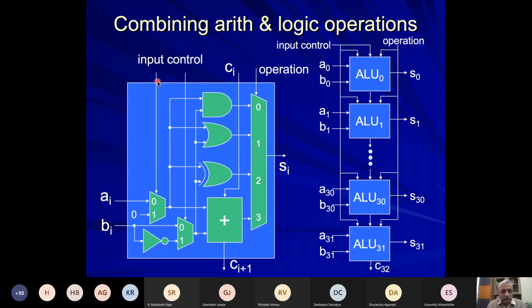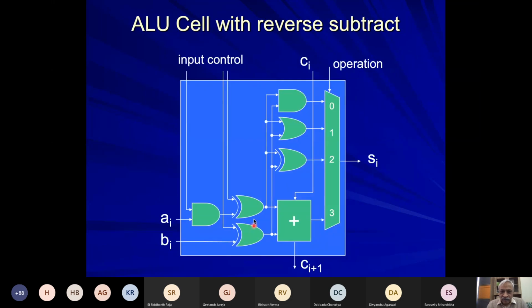So if this input control is 1, AI passes. If it is 0, 0 passes, and AI gets blocked. So simplifying these multiplexers, I have a provision of complementing AI or complementing BI. This is required for reverse subtraction. And this can block AI so that you are able to pass on the second operand.